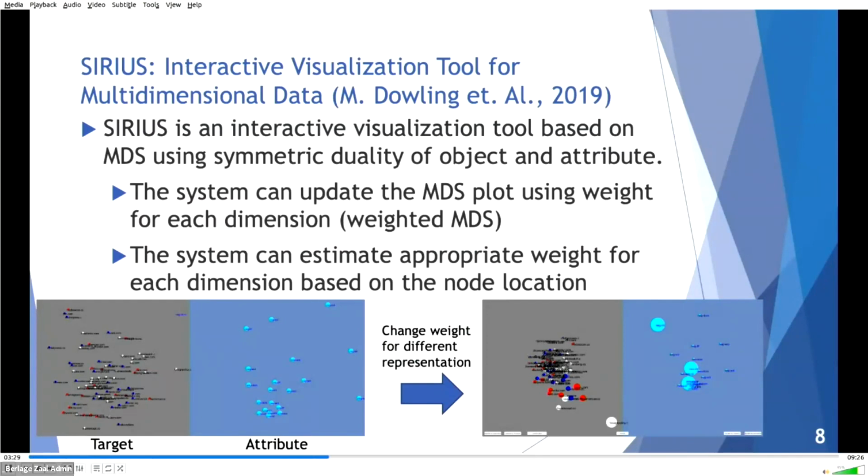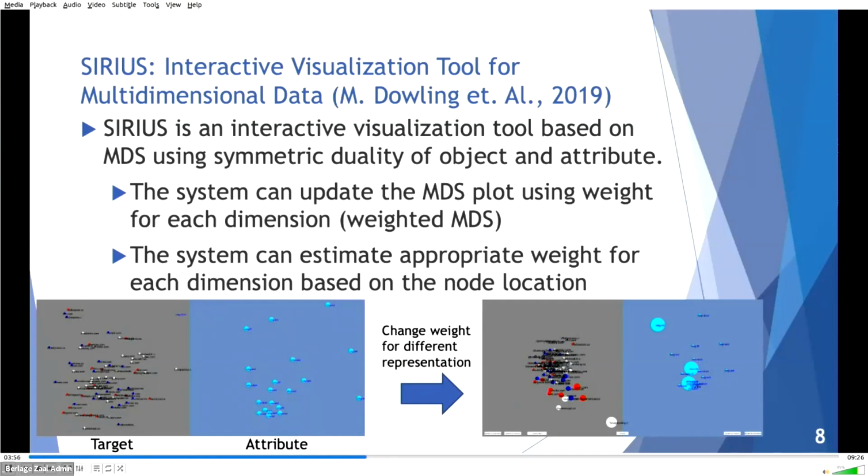MDS can represent multidimensional data as 2-dimensional data, but the output may not fit users' interests. So, it is preferable to have a mechanism that can reflect users' interests in MDS results. Sirius is an interactive visualization tool based on MDS using the symmetric duality of object and attribute.